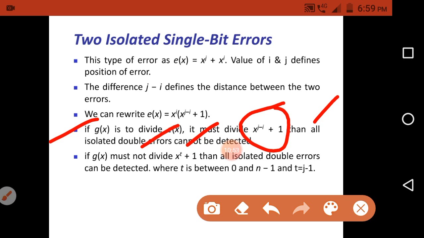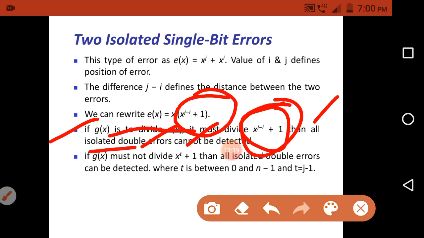If the generator wants to detect two single bit errors, then it must not divide this second factor, x raised to j minus i plus 1. The g of x, that is the divisor, must not divide this particular factor, then only two isolated single bit errors can be detected. If it divides, then the isolated double errors cannot be detected.